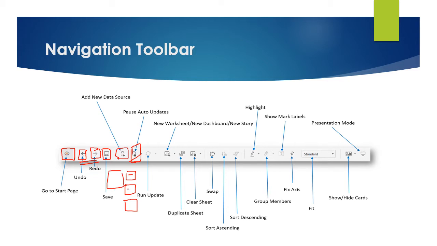So every time you make changes, it will try to render the view, which takes time depending on the size of your data set. So basically you can click on pause and it will keep it from loading until you have made all the selections. This is pretty useful when you're creating a dashboard and you don't want it to render the view until you have made all the selections. So that's where you will pause it.